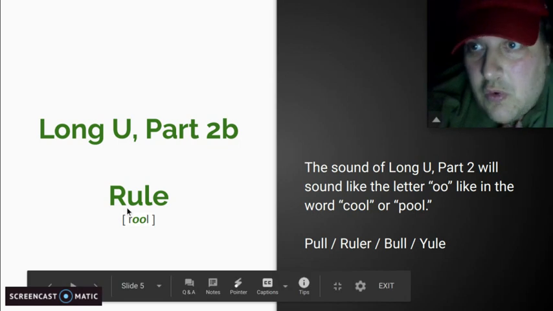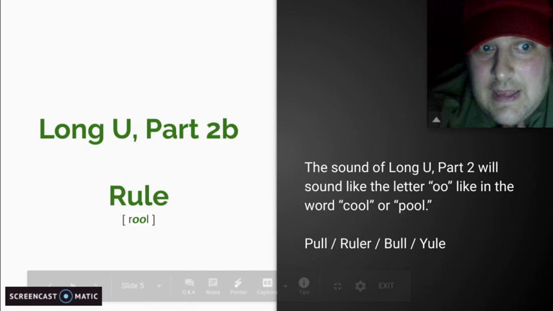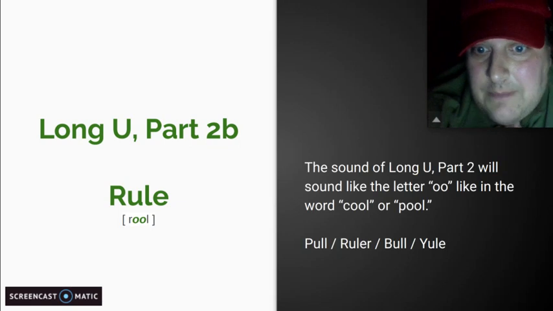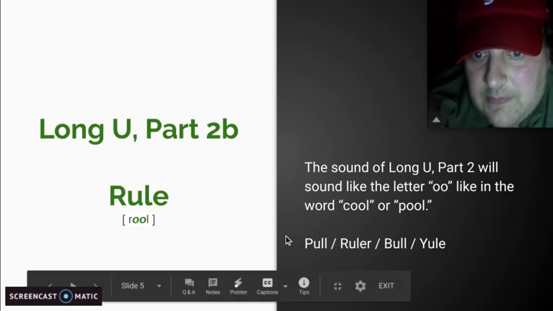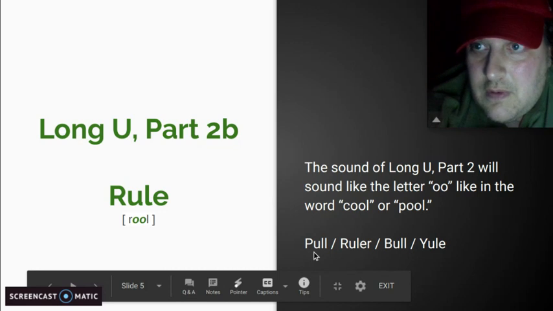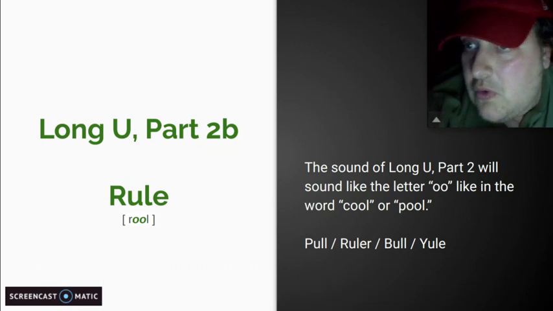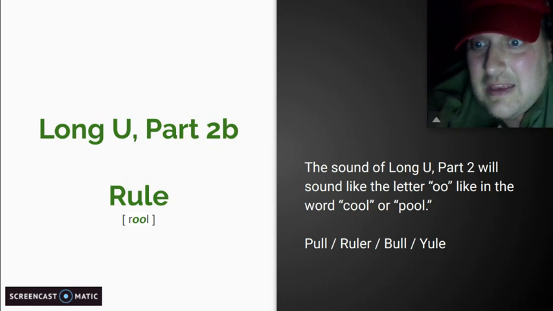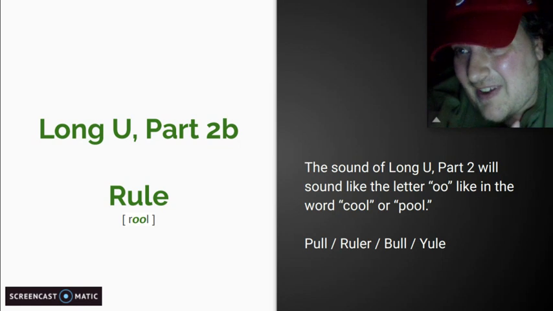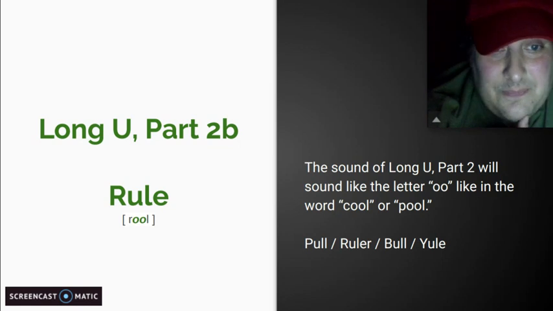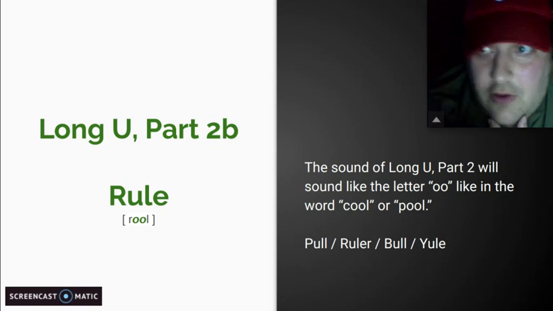Rule, cool. Rule, cool. Okay? So you'll see some examples here. Pool, ruler, bull, yule. That's also like if you say you'll, like you will, right? That's the pronunciation of it. So these are the 3 long U sounds.